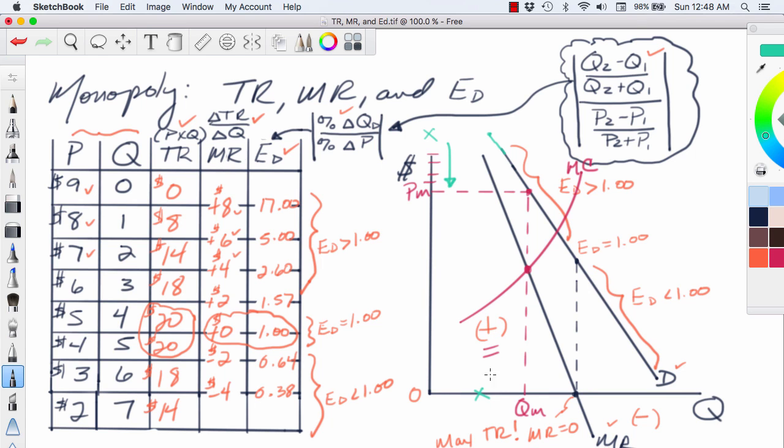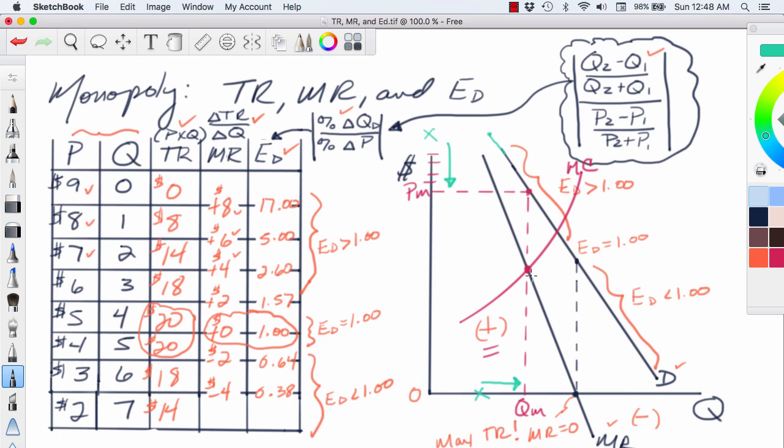So as it lowers its price, it's going to move closer to QM. As it approaches QM and approaches PM, what's happening? Its profits, now listen carefully, its profits are increasing, but increasing at a decreasing rate. Remember, the profit function, if you go back and look at the earlier material, the profit function is parabolic.